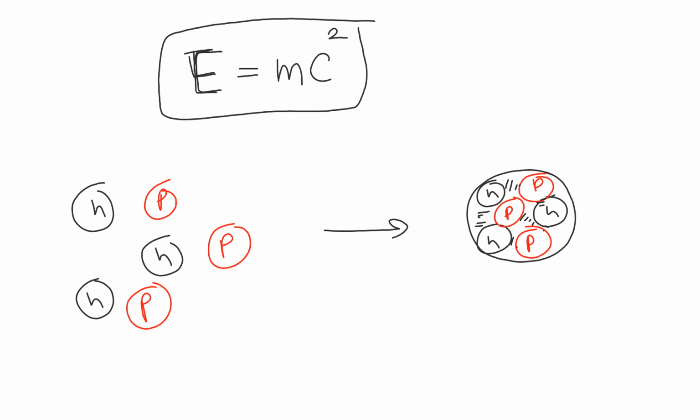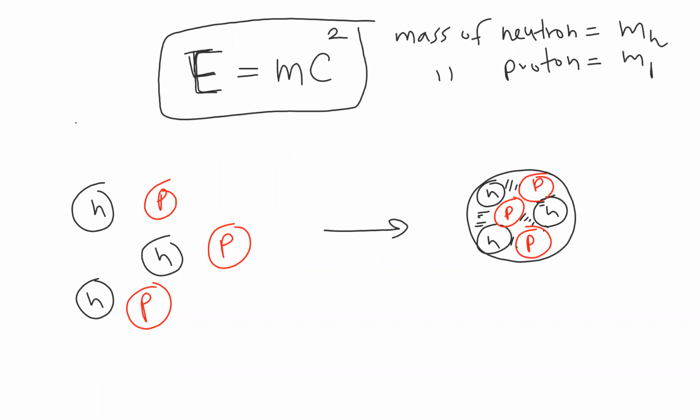If the mass of a neutron is Mn, mass of a proton is Mp, and let's take the mass of the nucleus, capital N. You know, a nucleus is formed basically by neutrons and protons.